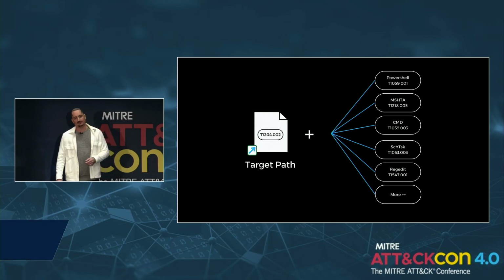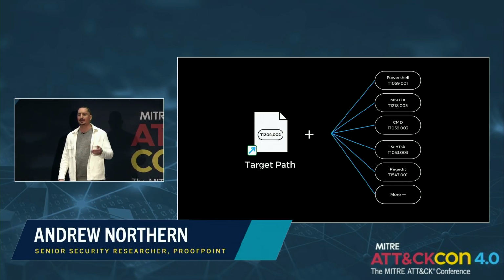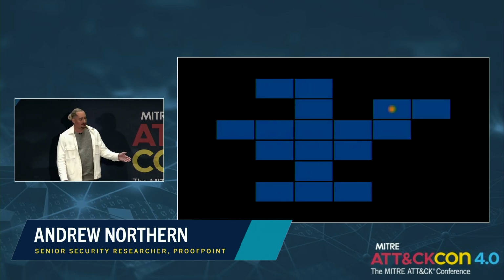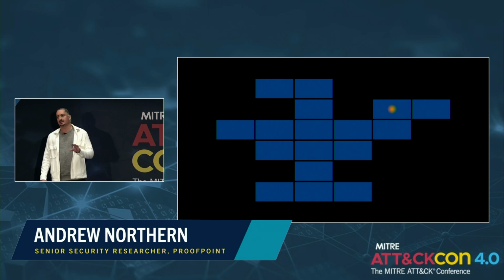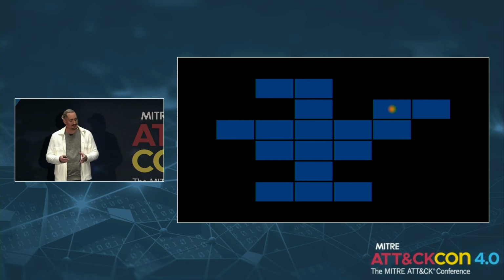So I mentioned before that the single field can lead to a variety of different abuses, the traditional target path abuse. Well, when we take a look at an intrusion or perhaps a payload or an initial access vector, we tend to have a little bit of a bias.